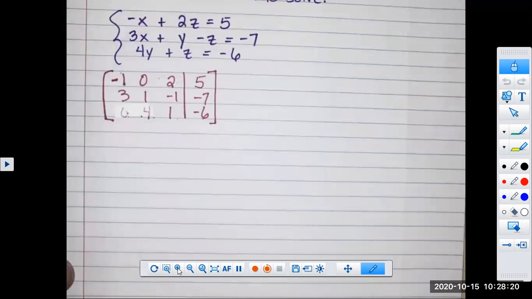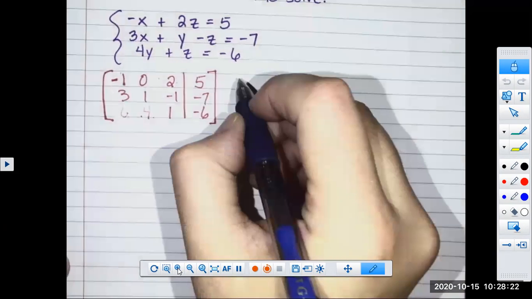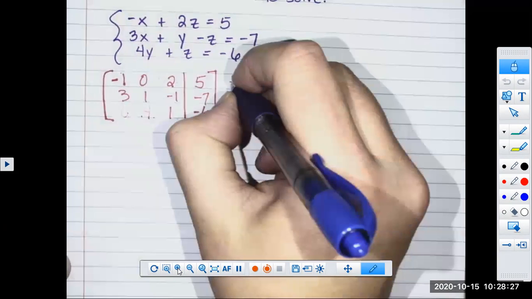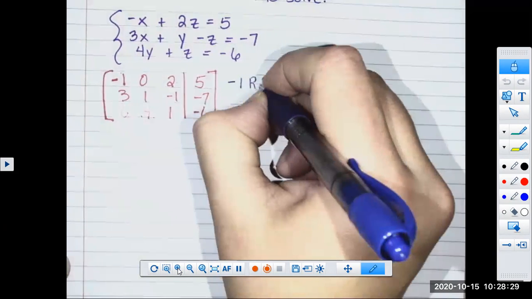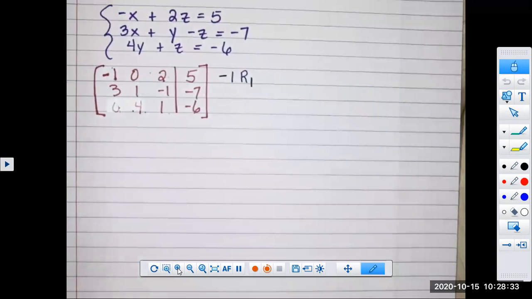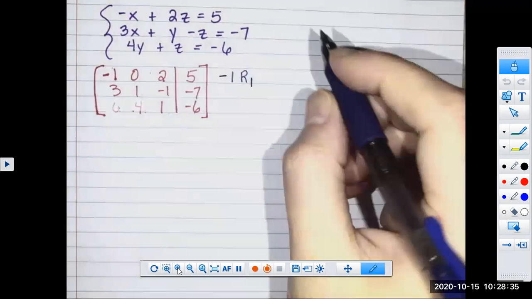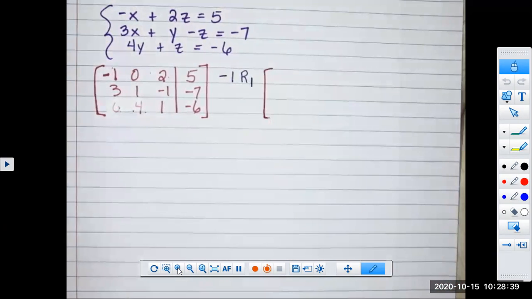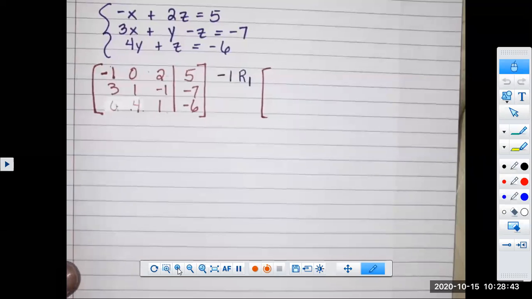Good. So what you're going to do, this is how you keep up with it throughout the whole process. You're going to multiply row 1 by negative 1. And each time you do a row operation, you write your new matrix. So that's why it takes forever. Tell me which 2 rows stay the same.